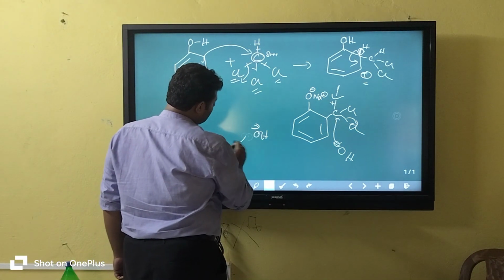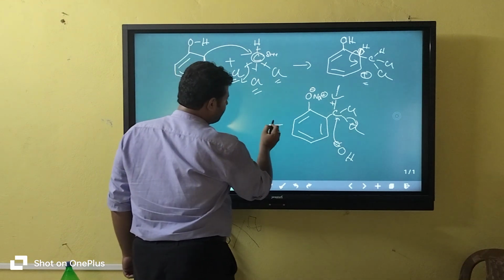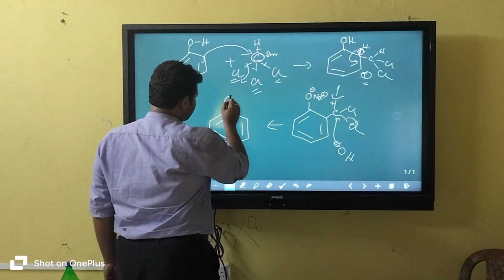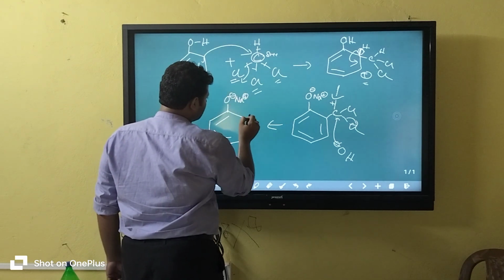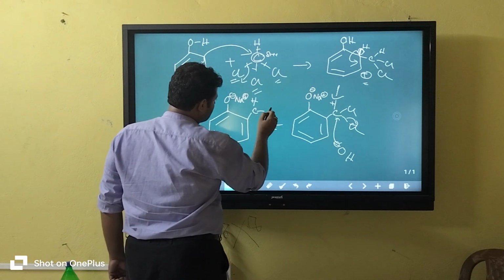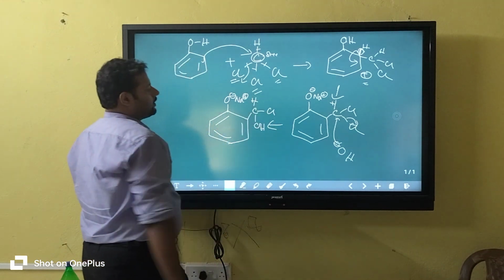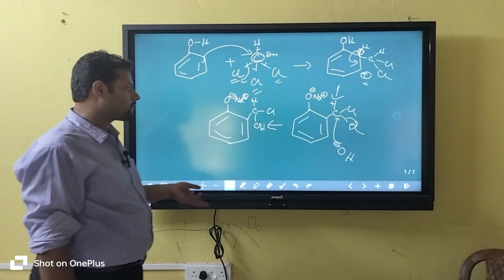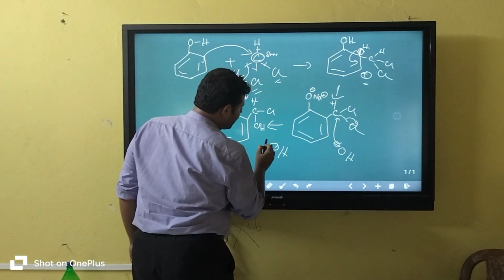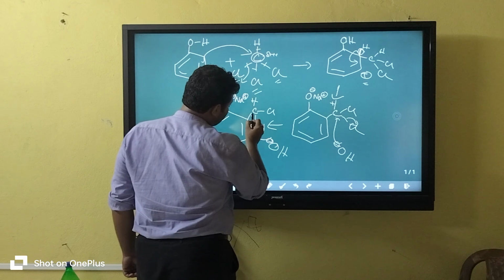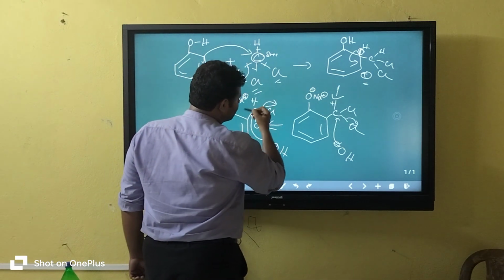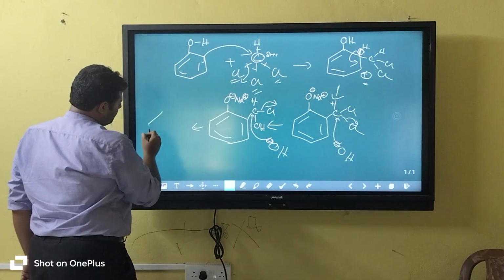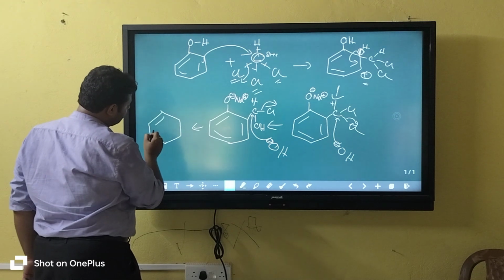Now we have a compound like this, but hydroxyl ions are still present in the reaction mixture. So another hydroxyl ion again attacks this carbon. As a result, the last C-Cl bond also gets broken and we end up having a geminal diol.